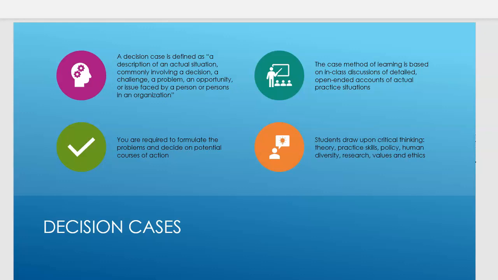So students are to draw upon critical thinking. They're also to draw upon all aspects of the curriculum: theory, practice skills, policy, human diversity, research, values, and ethics.